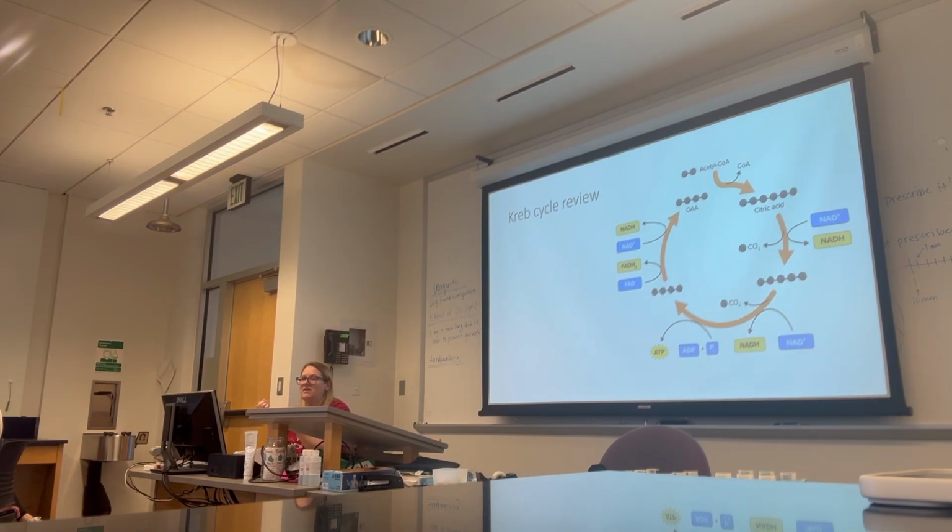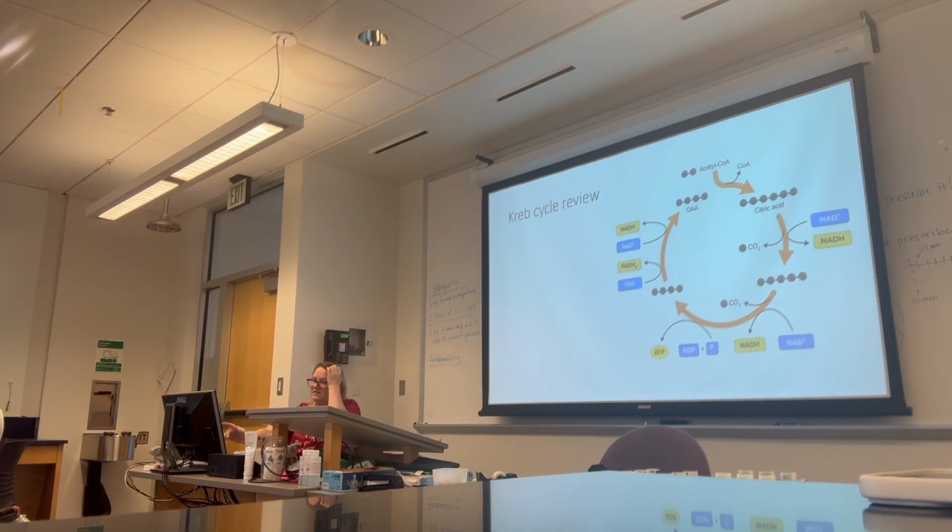That gets oxidized, and carbon dioxides break off. Also, the electron carriers are reduced. So NADH and FADH2 are made, as well as a little bit of ATP. So products of this are carbon dioxide, ATP, NADH, FADH2.